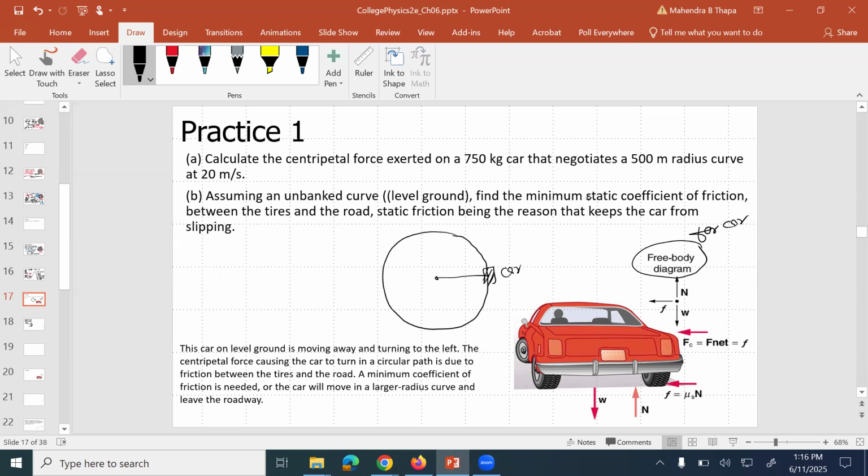So earth will be pulling vertically downward, which equals weight. A force exerted by the surface in the perpendicular direction is n. Instead of that, I will write Fn, and F is the friction force.